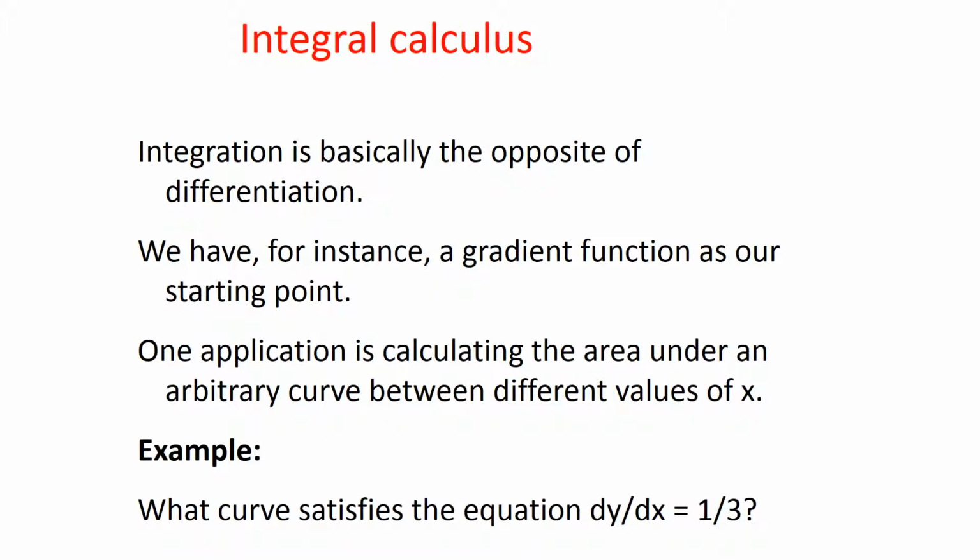To start out, we'll think about a really simple differential equation. We start with the gradient dy by dx, or y prime, is equal to 1/3. We need to think of what equation we can differentiate to get that answer.